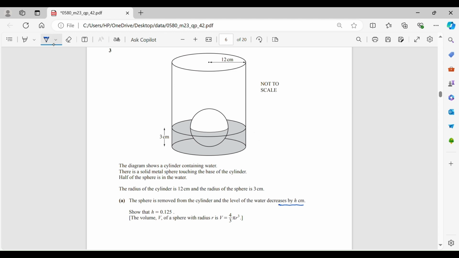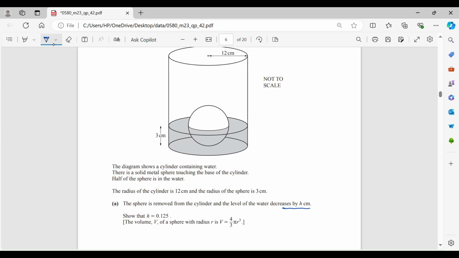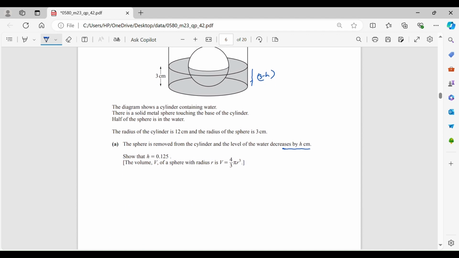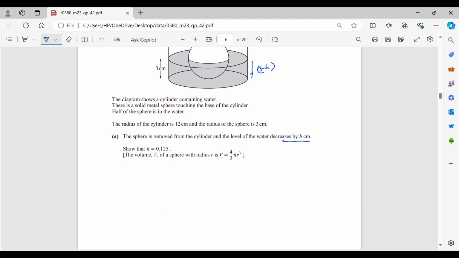That means the height of the new cylinder will be 3 minus h, right? New cylinder height will be 3 minus h. And the volume of the old cylinder minus the volume of the hemisphere, because only the half sphere is in water, this is equal to the volume of the new cylinder, right?